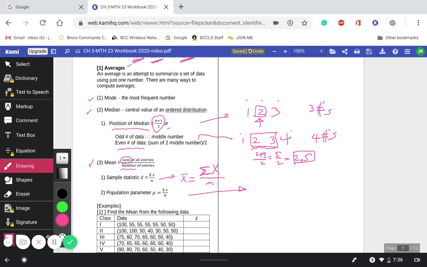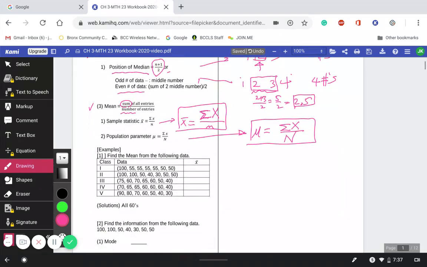For the population mean, in technical terms a population parameter, mu equals the summation of all the x's divided by the size of the data, n. They look very similar, but a little different. One is the mean parameter of population data, and the other is the mean value of sample data, or sample statistic.